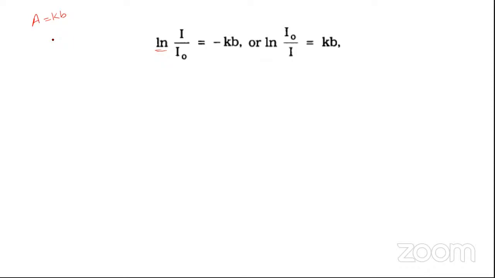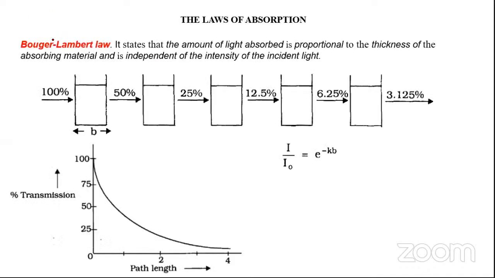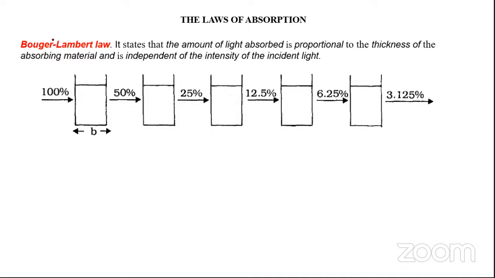Now, can I put it like this in the previous situation itself, that when we are talking about absorption material, why increase in thickness is actually related to the extent of absorption?